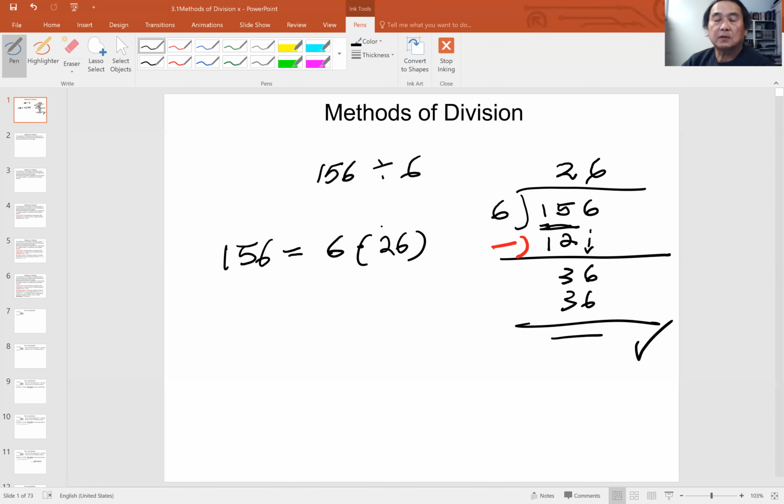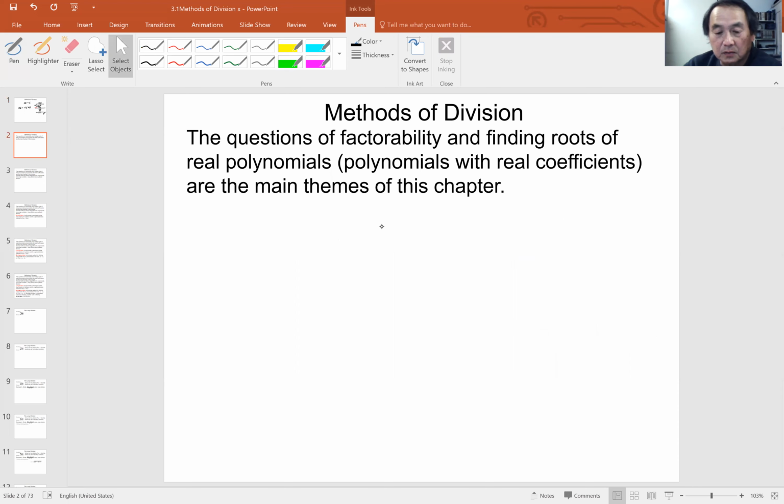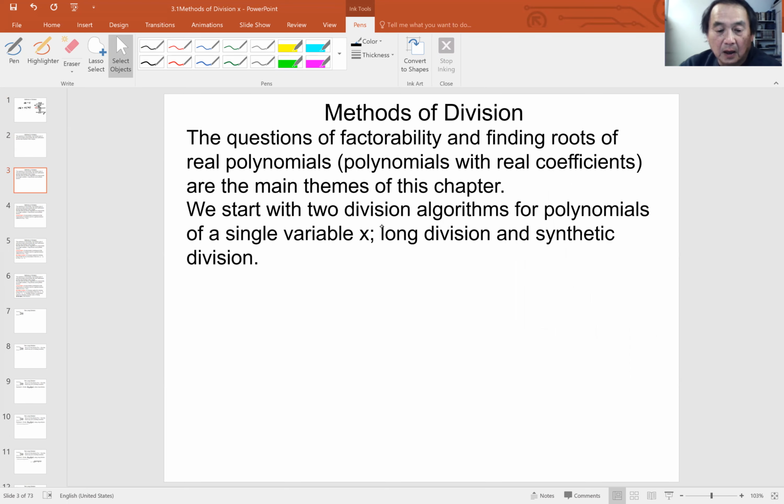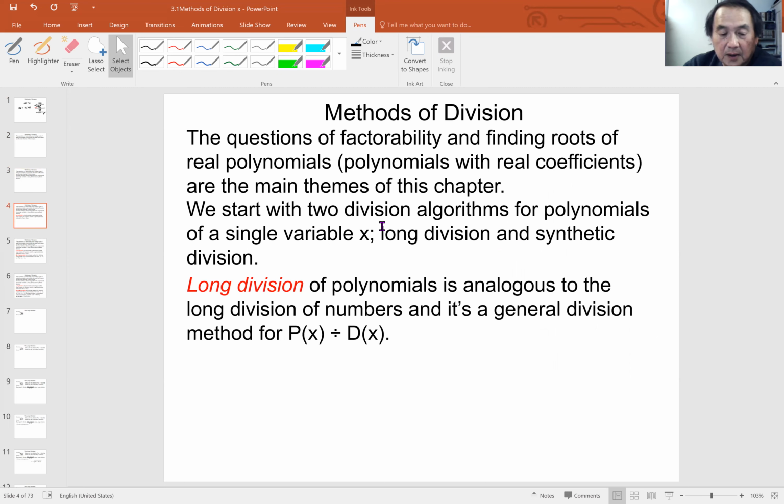We'll do this verbatim for polynomials. We do almost exactly the same method of division.